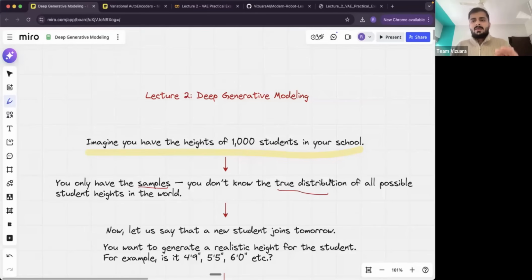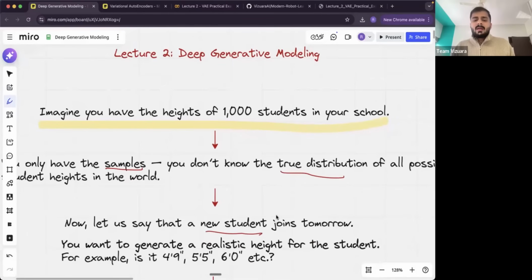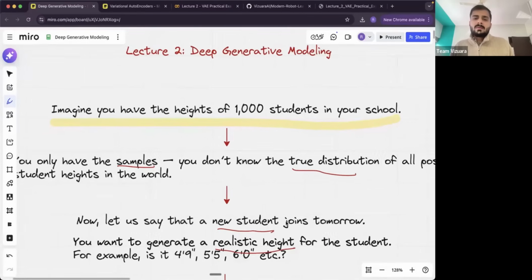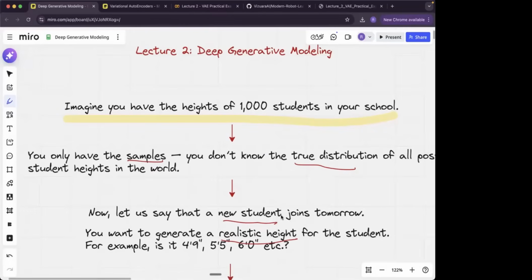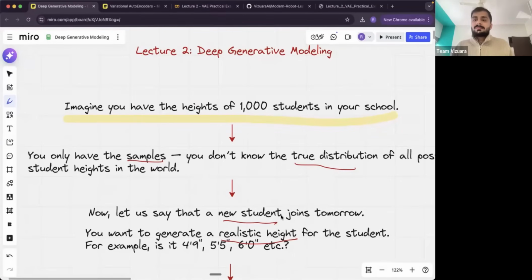All you have is individual samples which are collected from a few students. You don't have it from all the students. Maybe you have 100 samples, 120 samples, etc. Now let us say that a new student joins your school tomorrow and someone asks you the question that, can you generate a realistic height for this student? Can you predict what the height of this student could be?